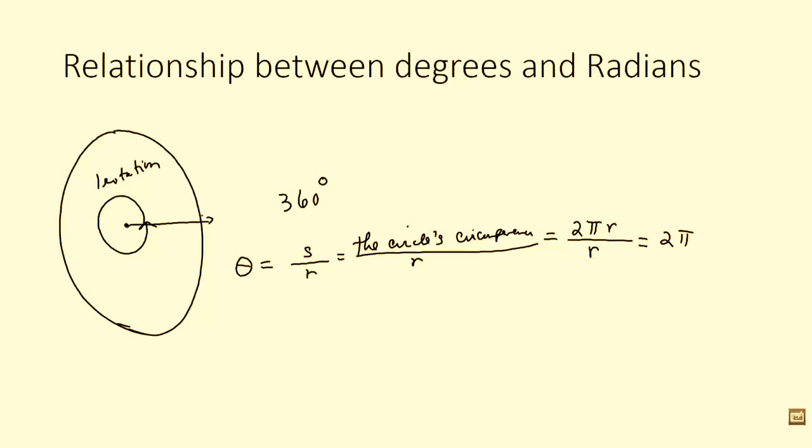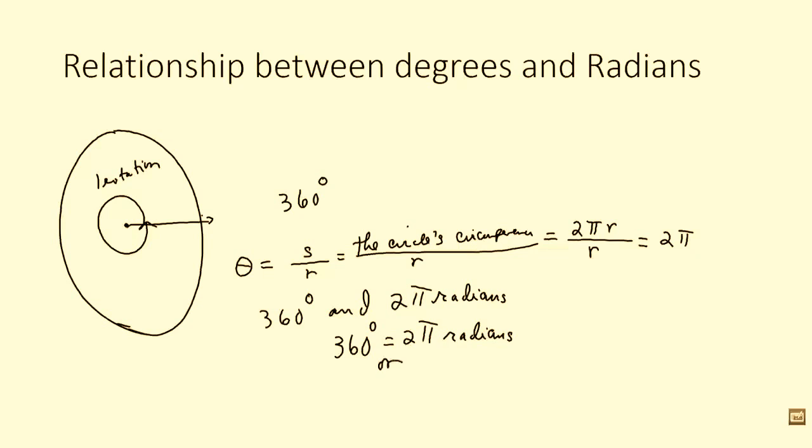One complete rotation measures 360 degrees, and in radians, 2 pi radians. Therefore, 360 degrees is equivalent to 2 pi radians. Or if I divide by 2, I get 180 degrees is equal to pi radians.